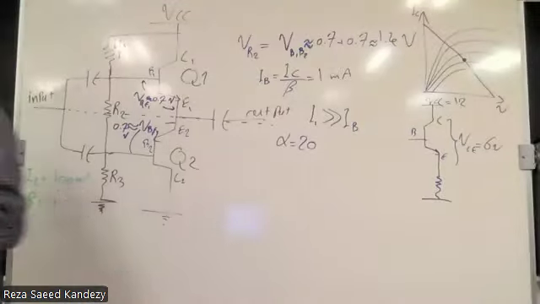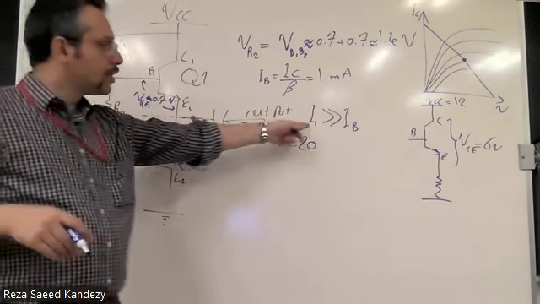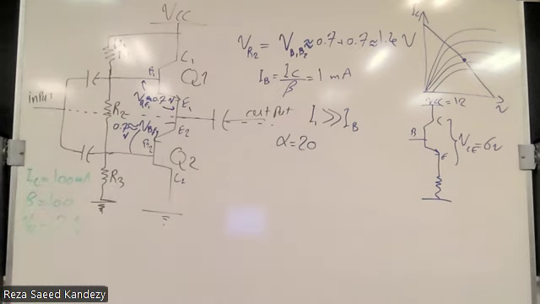So I want to design my voltage divider so I make sure that the current I1 is 20 times the base current. So when we talk about the current division, the base current is basically negligible compared to the current that is going through the voltage divider.